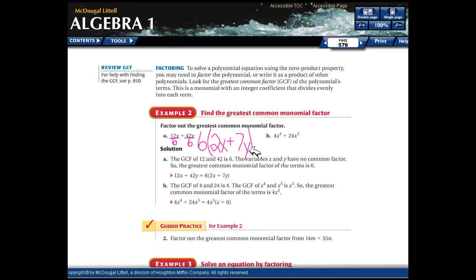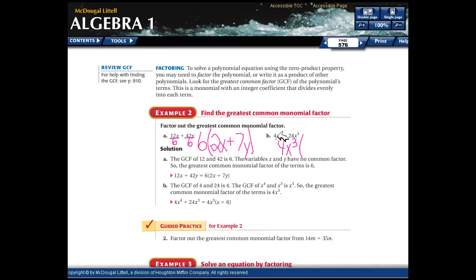Next one. What can I take out of both of them? I have a 4x to the 4th and a 24x cubed. Well, I can take a 4 out of both. That's my biggest number I can take out. What about letters? This has 4 x's, this has 3 x's, so I can actually take 3 x's from both.